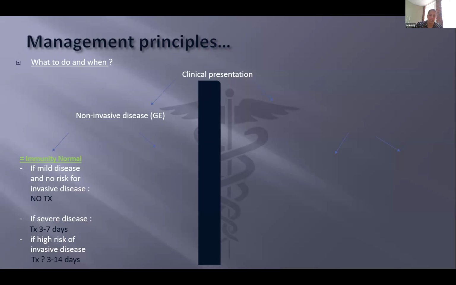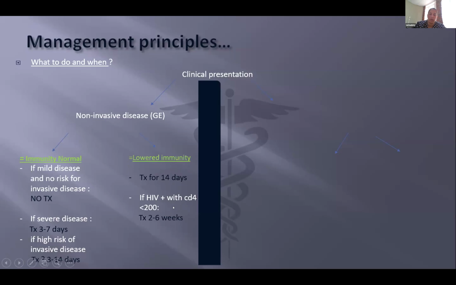And again, the range here is 3 to 14 days. So it's not really clear in this particular group if you should even be treating them, but there are some papers that advocate for treatment if you are at risk of invasive disease. Then if you have lowered immunity, you treat for 14 days.